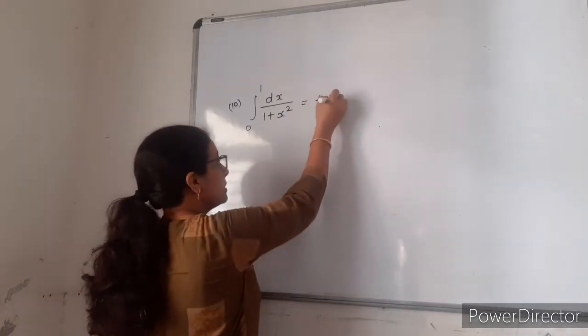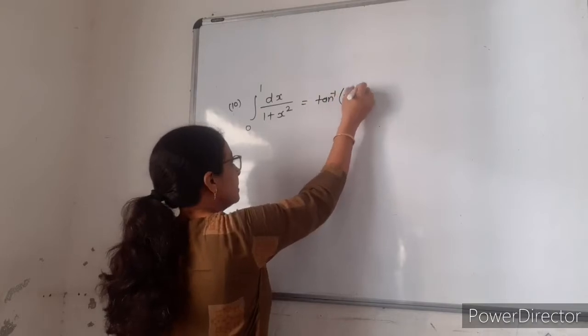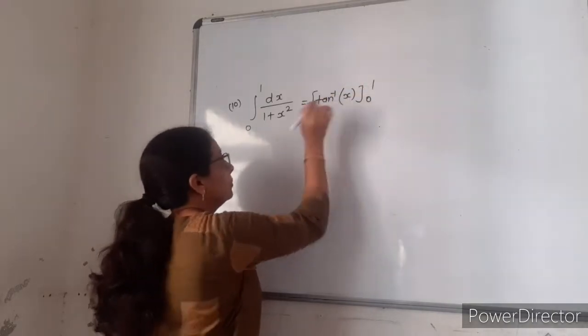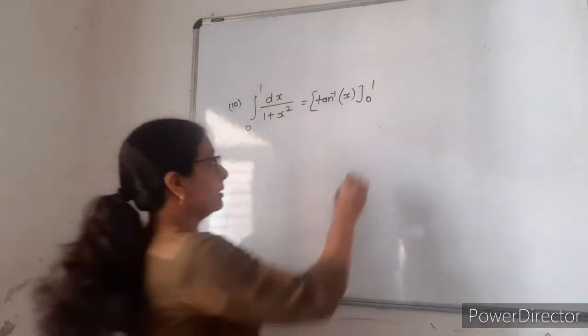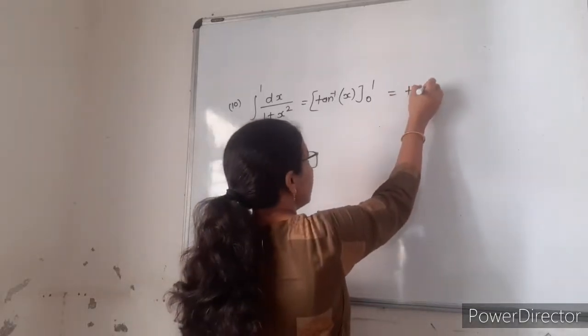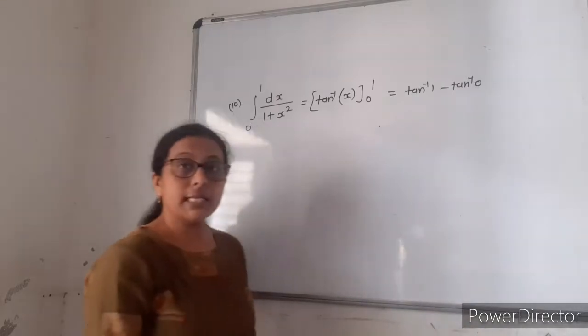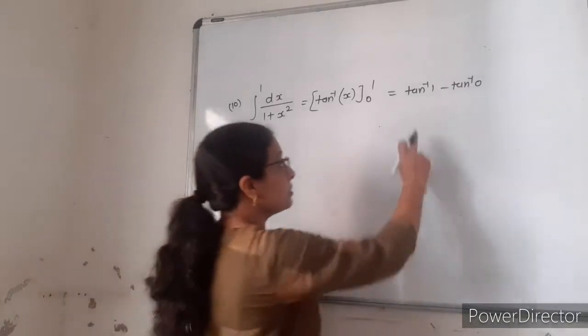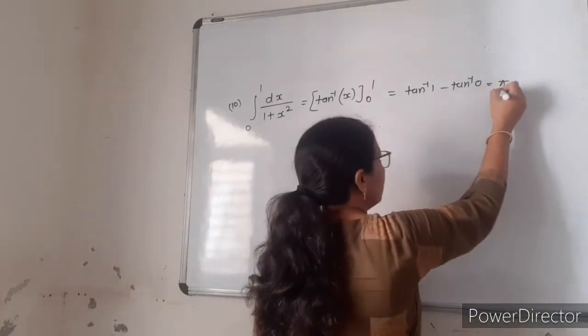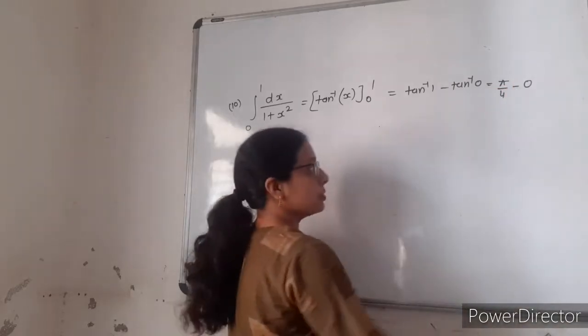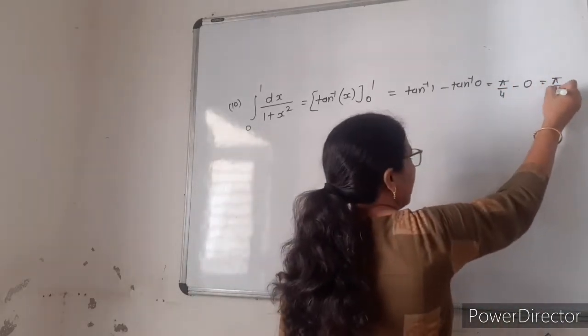So here it is tan inverse x from 0 to 1. If you apply the limit, it is tan inverse 1 minus tan inverse 0. Tan inverse 1 is pi by 4, minus 0. So our answer is pi by 4.